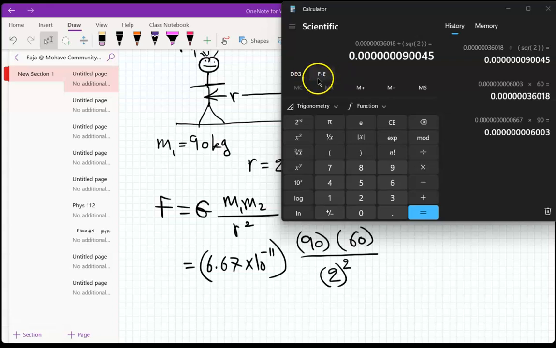So all you need to do is take this FE button right there. It will immediately convert it into scientific notation. And there we go. So it's going to be 9.0045 E negative 8.